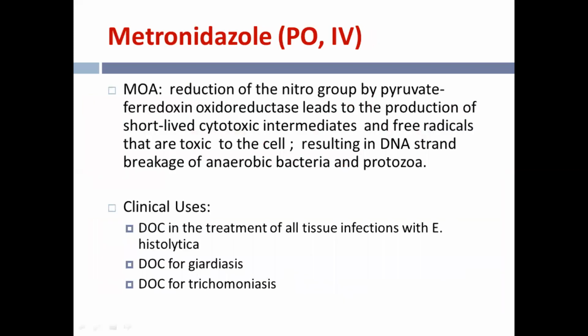So number one is metronidazole. So the mechanism of action is it reduces the nitro group of pyruvate ferredoxin oxidoreductase. So it is the drug of choice for giardiasis, trichomoniasis, and for treatment of all tissue infections with E. histolytica.